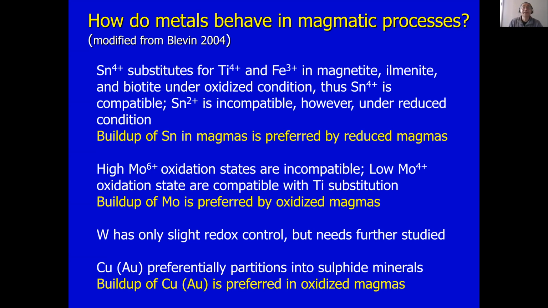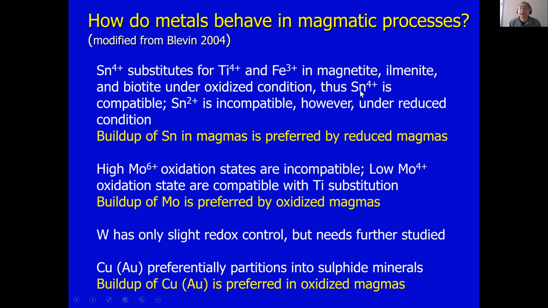And from here, we know some of the metals behave differently in granite systems. Like tin 4+ substitutes for titanium 4+ in magnetite, ilmenite or biotite under oxidized conditions.